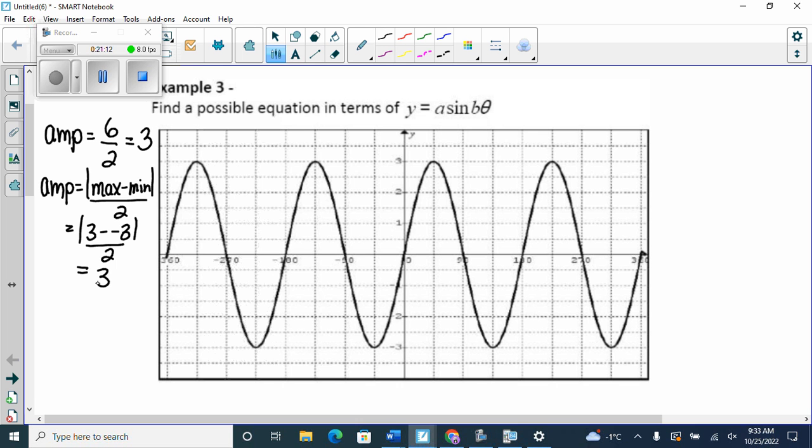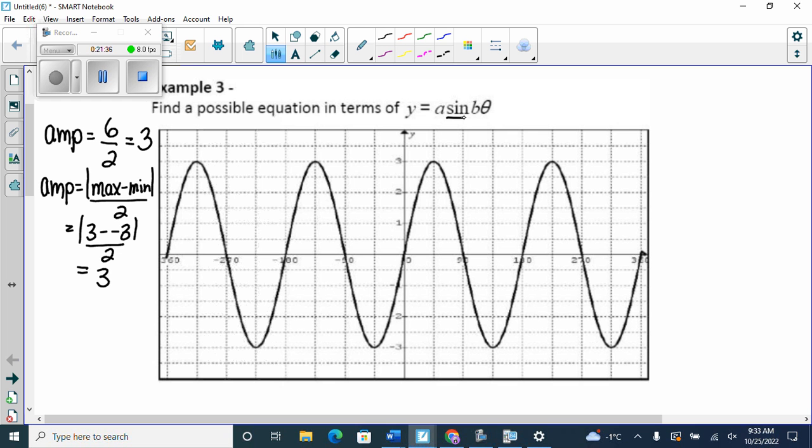Now our amplitude is the same as our what? On an equation, the vertical stretch. So, this is a sine graph, correct? Remember yesterday when we looked at a sine graph? It went through 0, 0, and then it went a positive slope up, right?